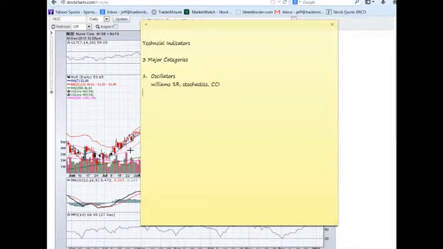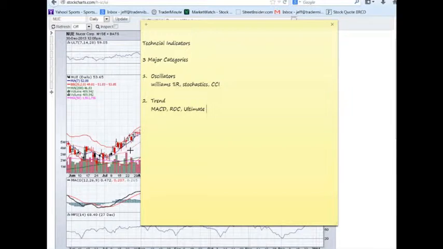Those are three good examples of oscillators. Then we have our trend indicators, things like the MACD, the rate of change, which we looked at in our last class, and then we'll take a look at the ultimate oscillator. They call it an oscillator, but it's really a measure of trend. I just like the name.